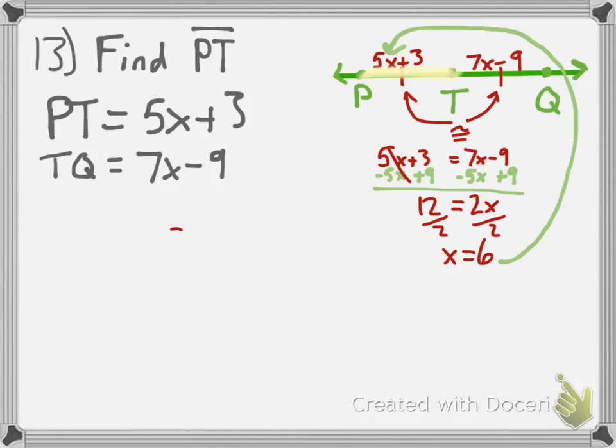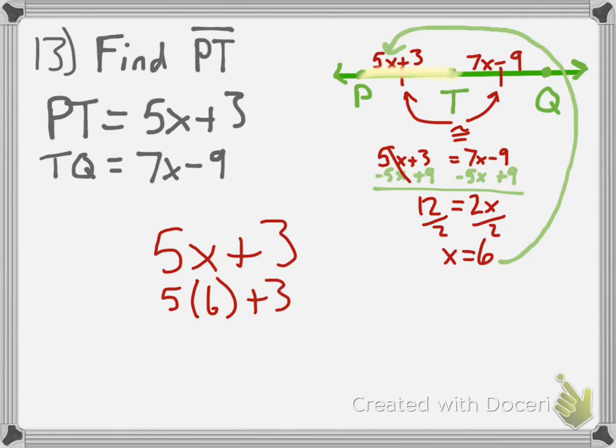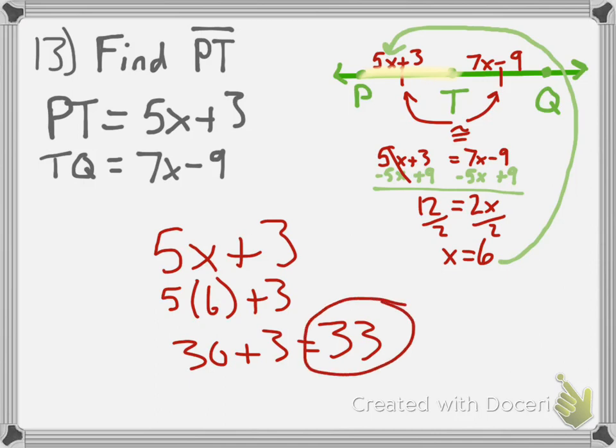Instead of 5x plus 3, we're going to write 5 times 6 plus 3. And 5 times 6 is 30, plus 3 equals 33. So our answer for the length of PT is going to be 33. And they didn't give us any units, so we'll just leave it at 33.